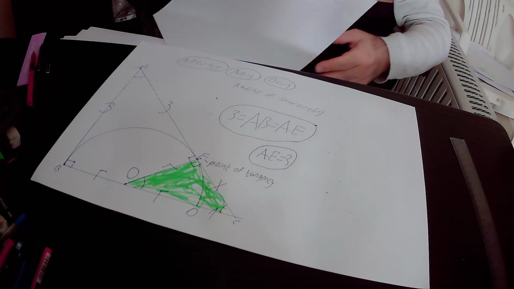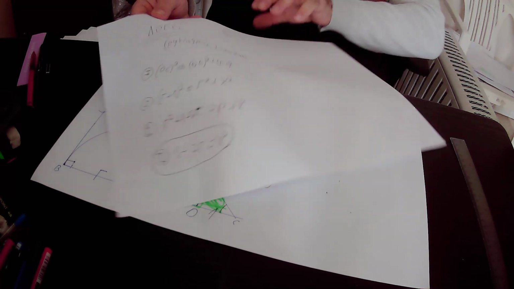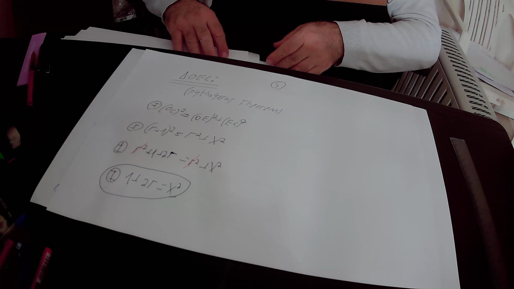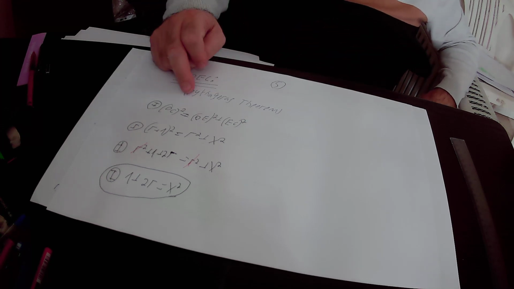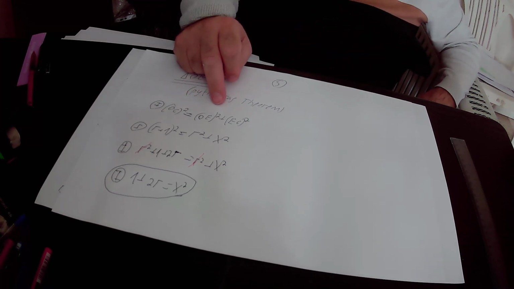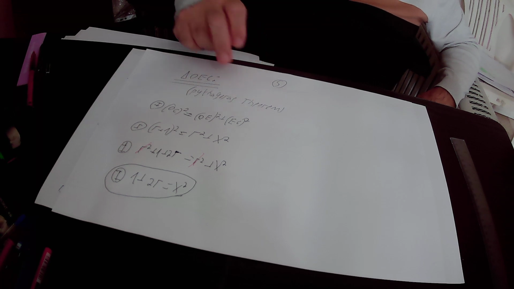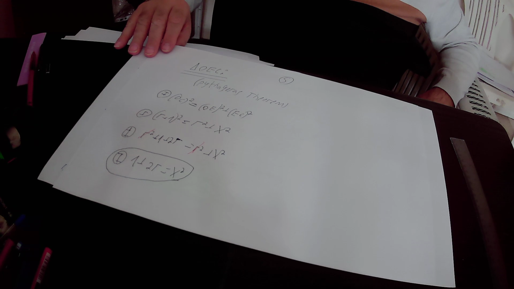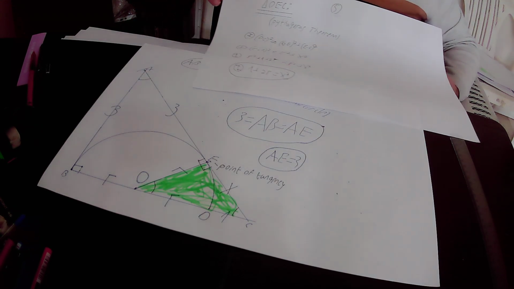According to the Pythagoras theorem, in the right green triangle, the square of the hypotenuse equals the sum of the squares of the perpendiculars. That is to say, OC square equals OE square plus EC square. Okay, but what is the value of OC?